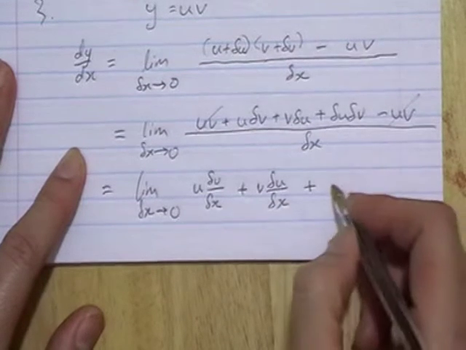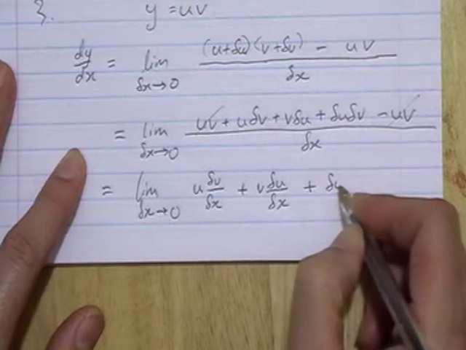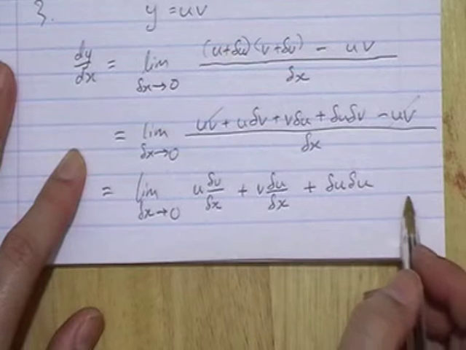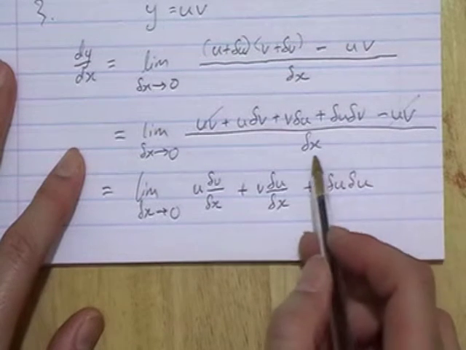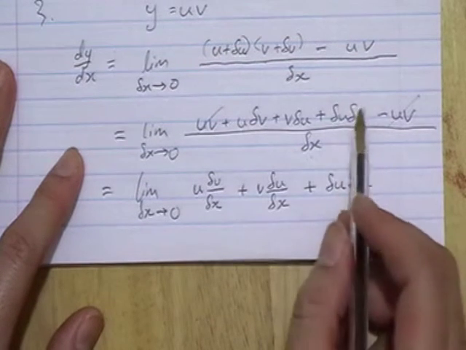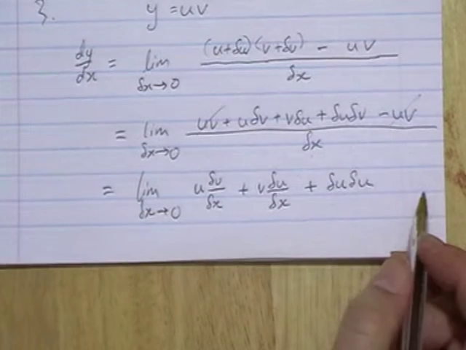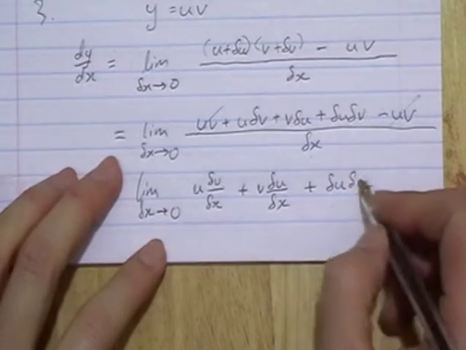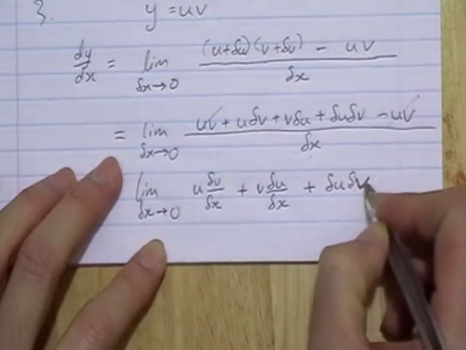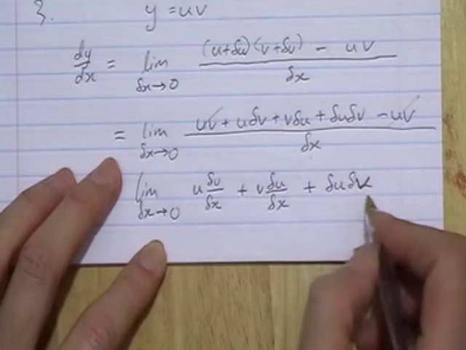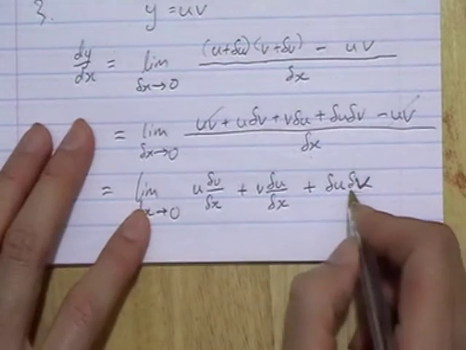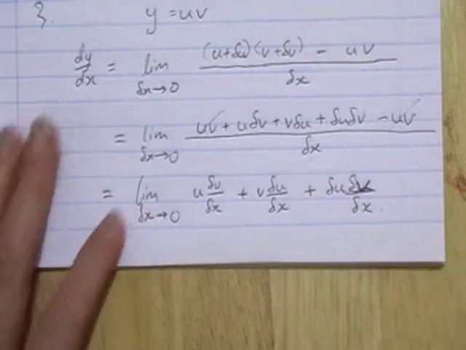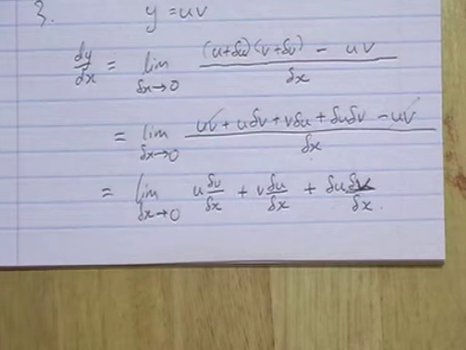And that would be delta u delta v. I can think of this as both of them together over delta x. But it's going to be more convenient, we'll see why in a moment. If I just choose one of them to be over the delta x, I can choose any one. Let me just choose that to be over delta x. Okay.